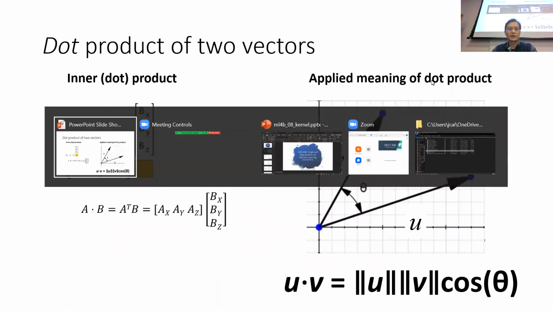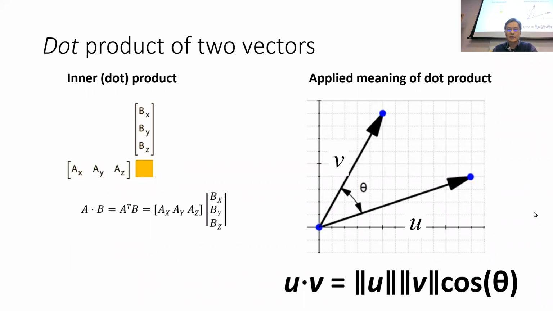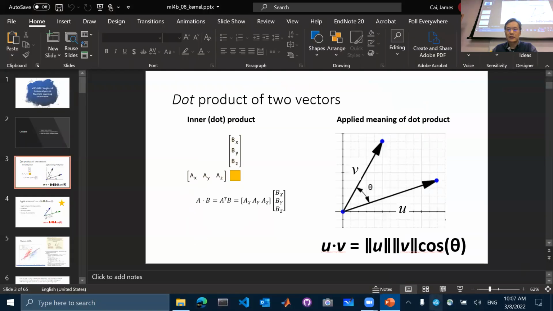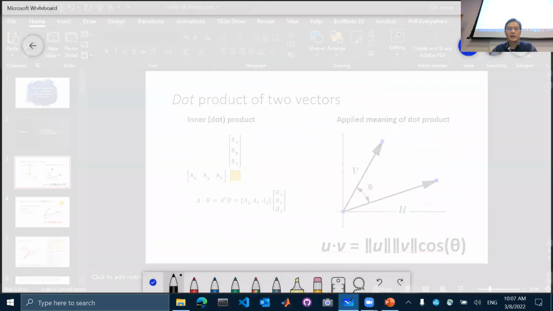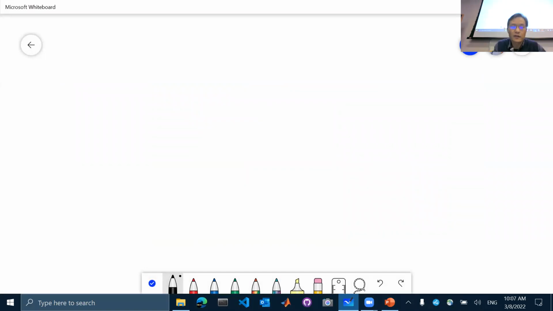Okay, so if I use a different notation, let me show you another notation so we can get familiar with it. To represent the first vector, I use W, which is (A, B).